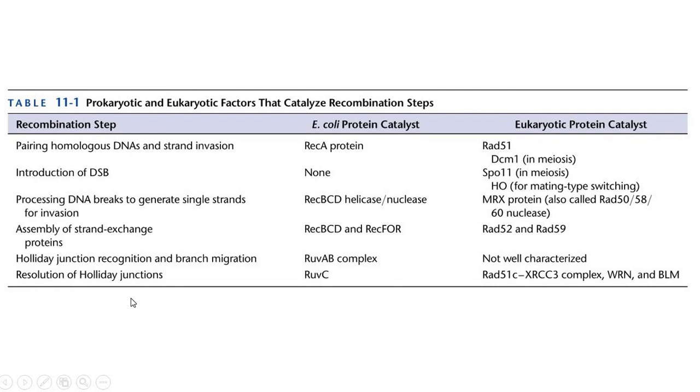Holliday junction recognition and branch migration is done by the RuvAB complex in prokaryotes. It's not well characterized in eukaryotes, we don't know very well. And resolution of the Holliday junction is carried out by RuvC, whose ortholog in eukaryotes is the RAD51C-XRCC3 complex.